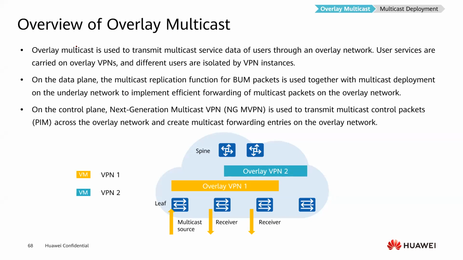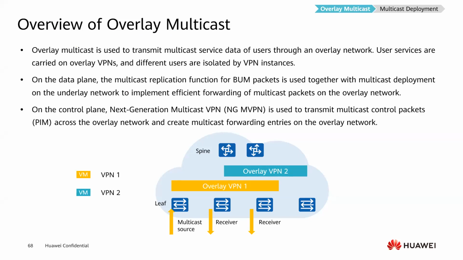In a traditional network, we use multicast technology, for example PIM or IGMP, to optimize the traffic forwarding.